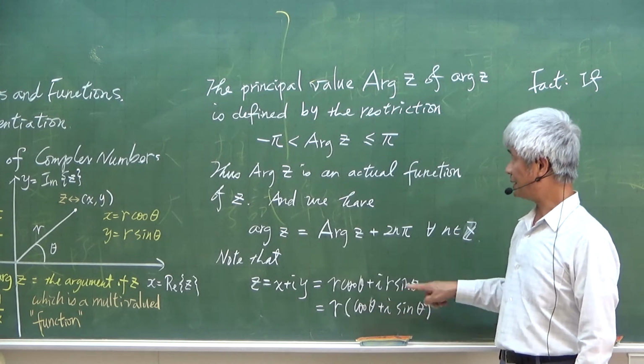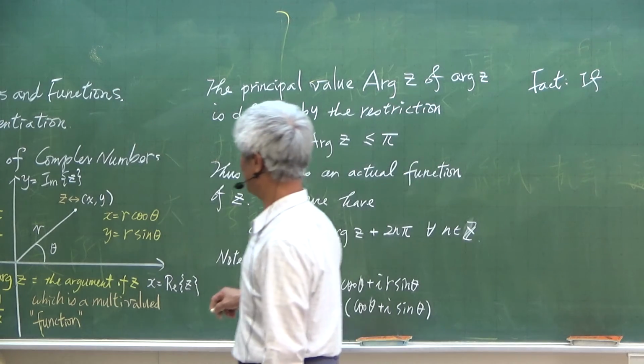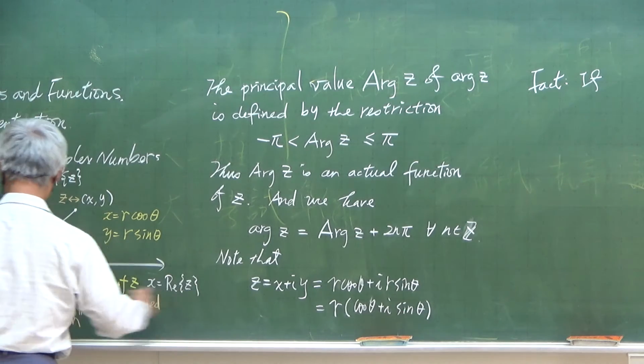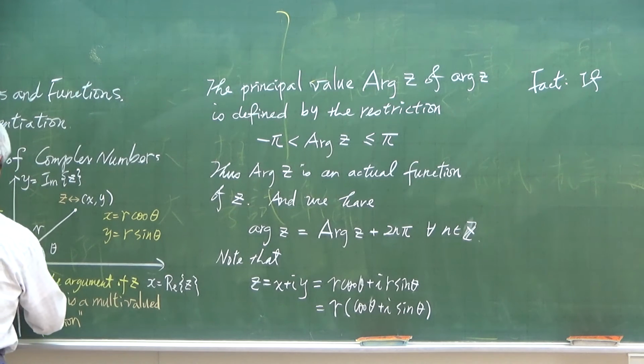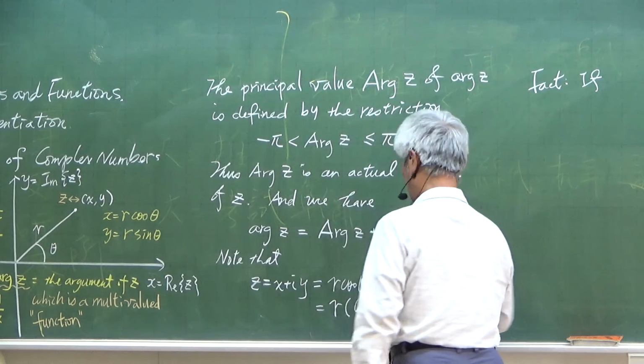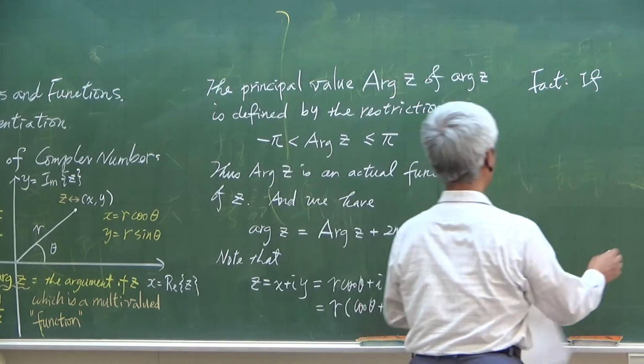And of course, we should say that theta is multi-valued. Okay, remember we have this one. Theta is the little arg z. Okay.